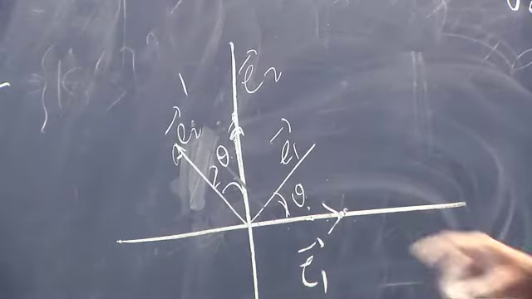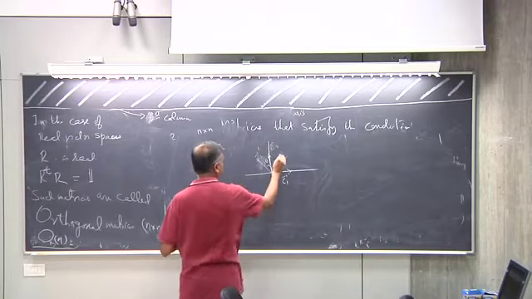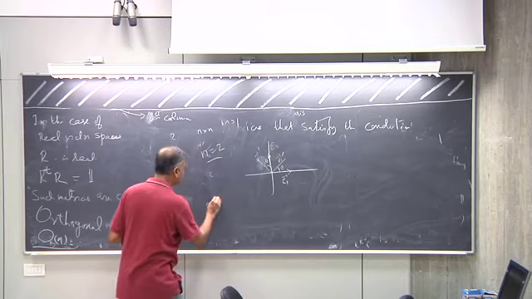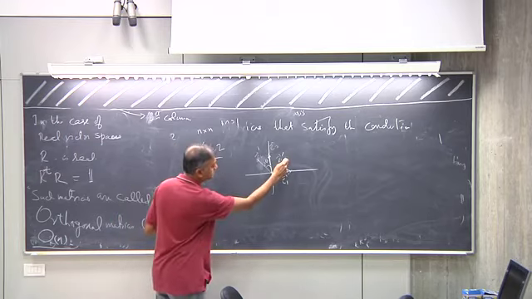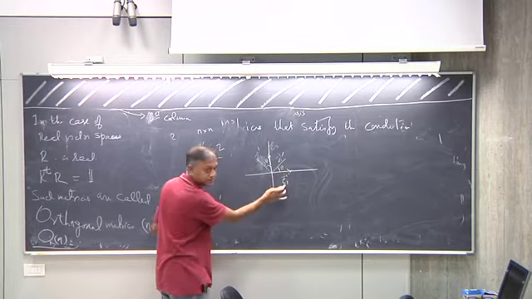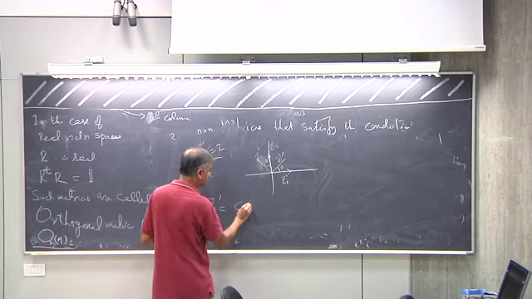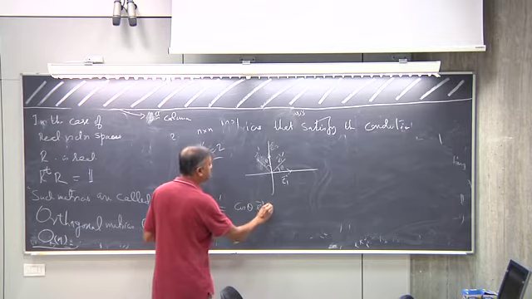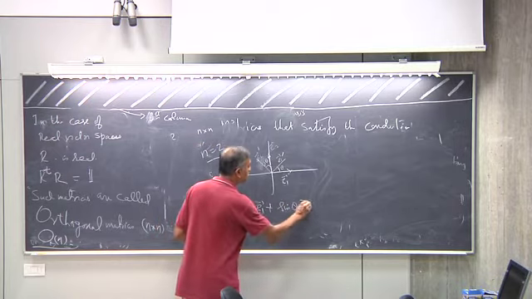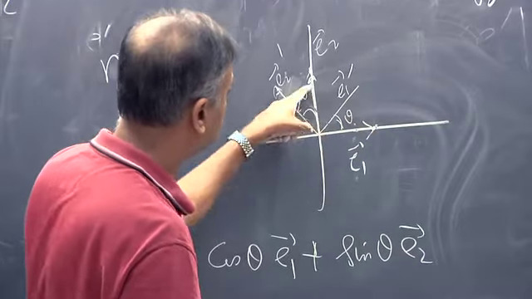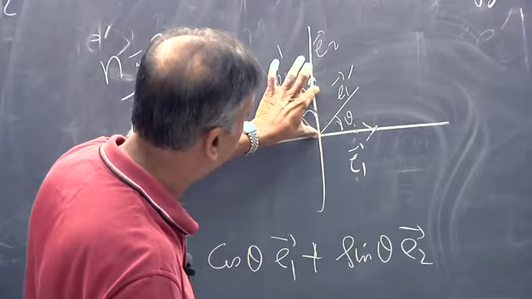And you can write down what E1 prime is. If you project it, this becomes cosine theta times E1 plus sine theta times E2. If you project it this way, this projection will be sine of theta.